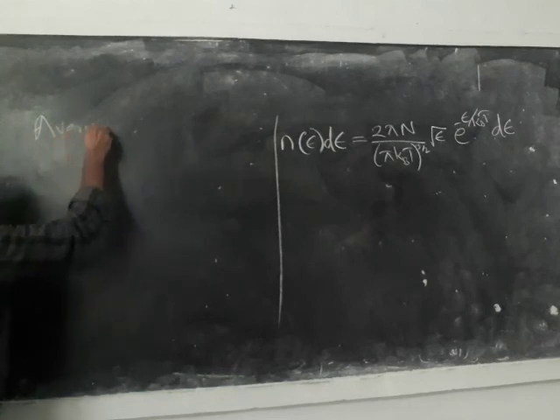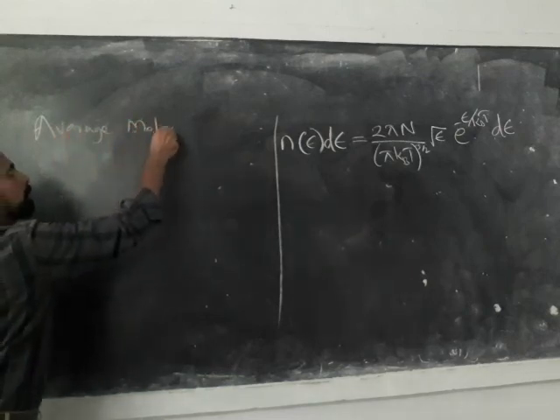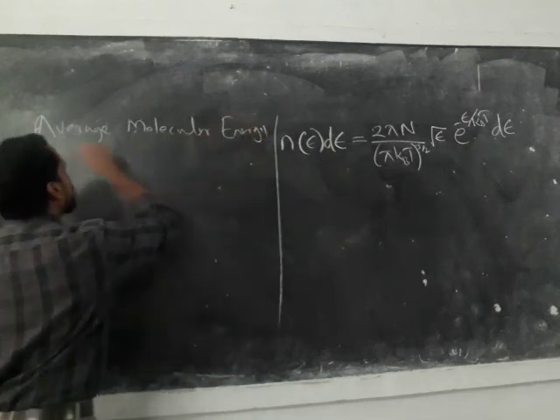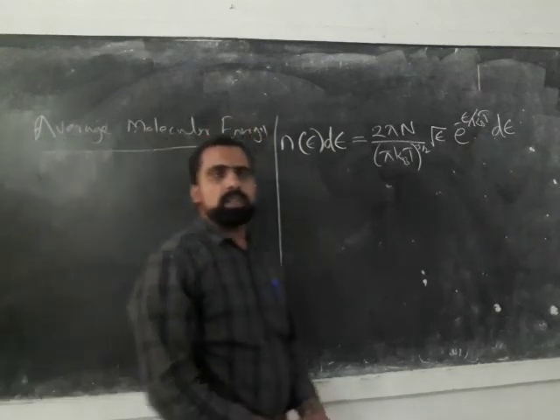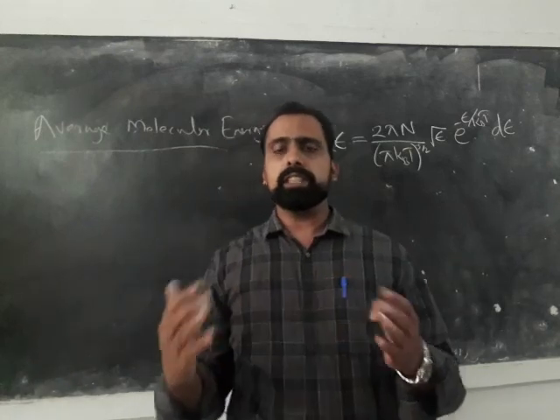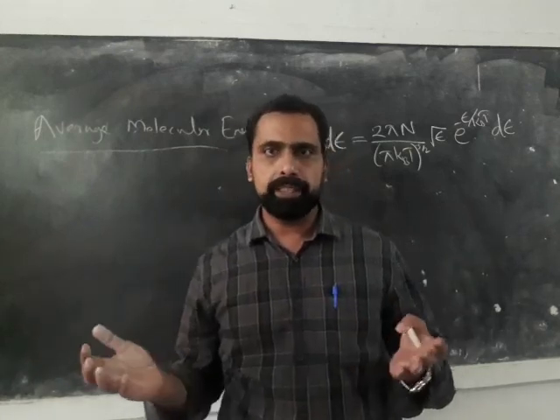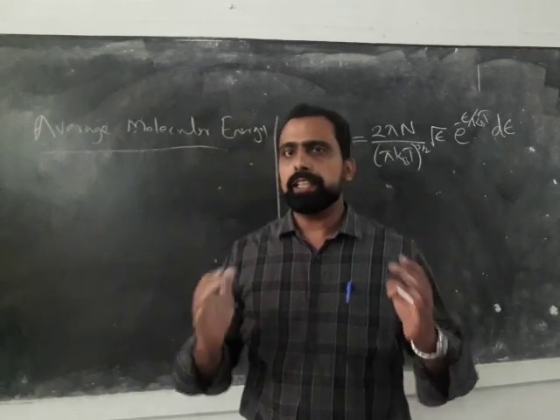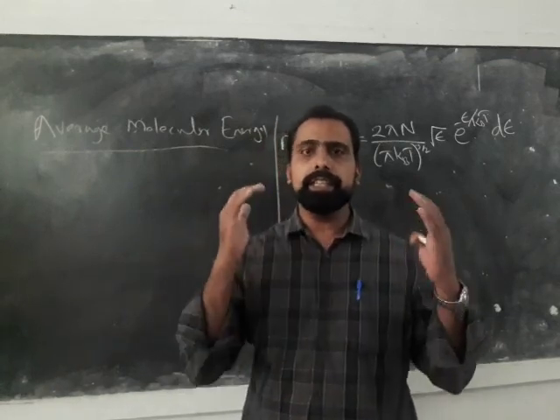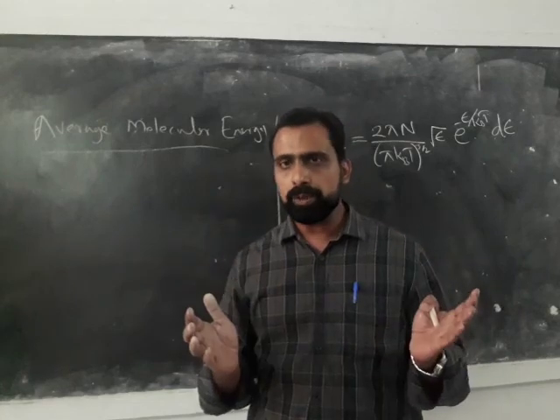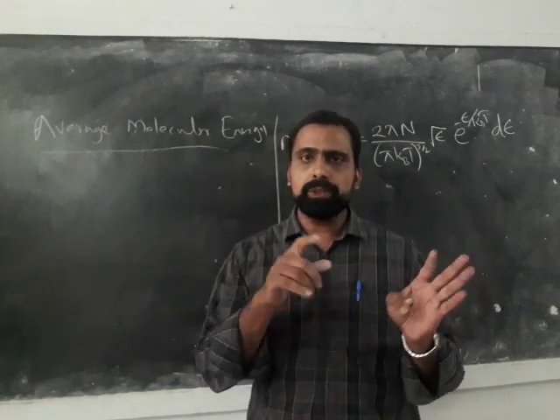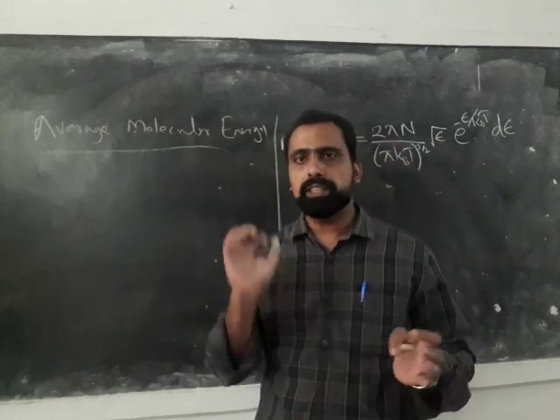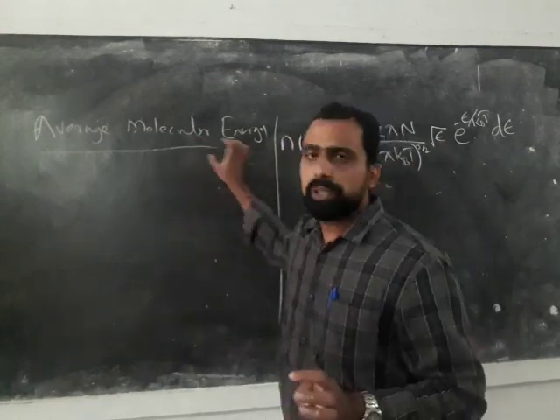If you have n number of particles, first we will calculate the total internal energy of n molecules. Then you divide the total energy by the number of particles. That will give you the average molecular energy.